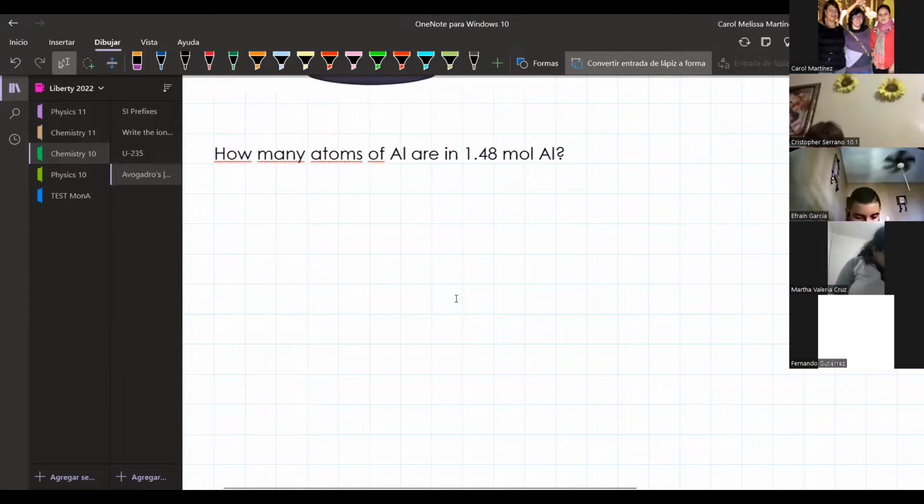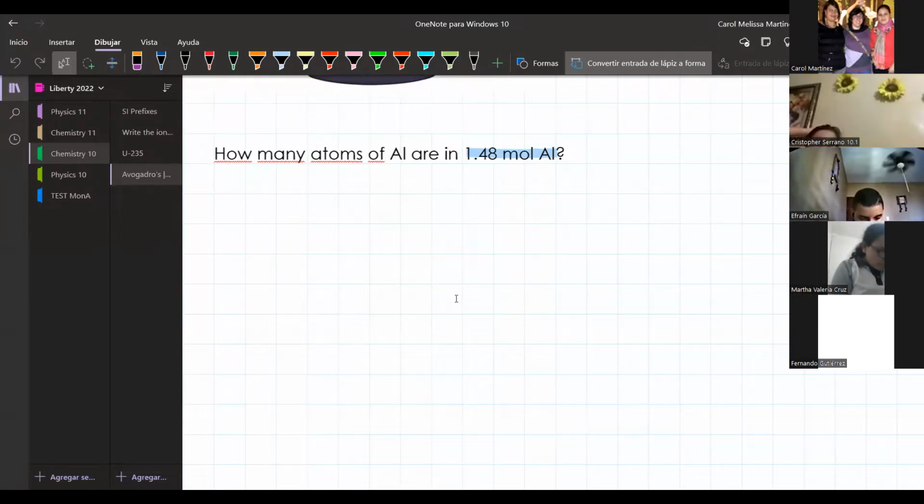So, in this case, what is the given in this problem? 1.48. Okay, they are giving me 1.48, but in this case, moles of aluminum. And they're asking me to find how many atoms, okay?